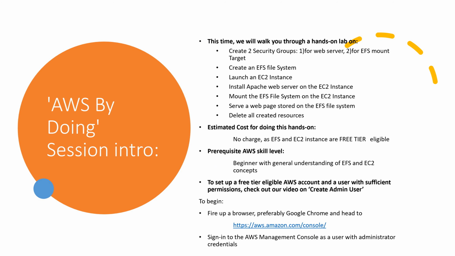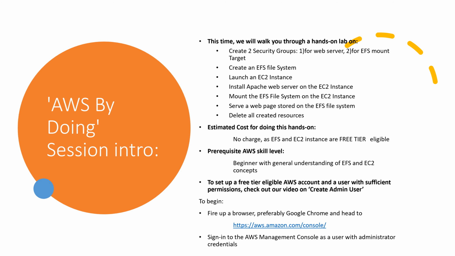This time, we will walk you through a hands-on lab on how to create two security groups, one for the web server and two for the EFS mount target, create an EFS file system, launch an EC2 instance, install Apache web server on the EC2 instance, mount the EFS file system on the EC2 instance, serve a web page stored on the EFS file system, and finally delete all created resources.